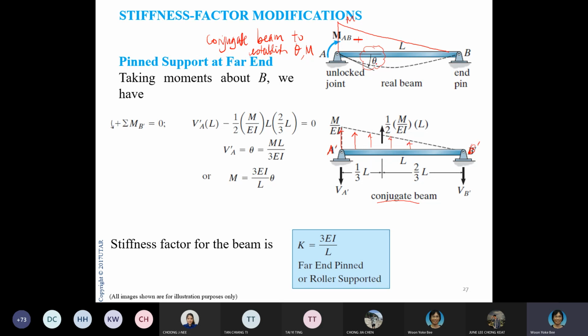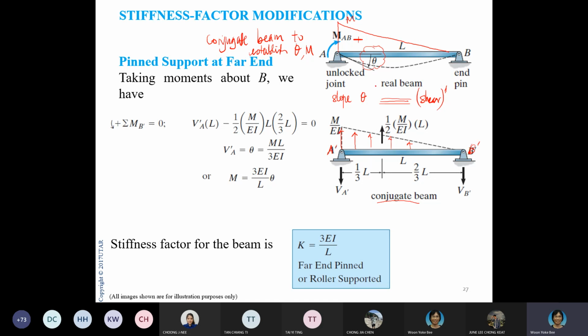Now we know that from the conjugate beam method, the theta in the real beam, the slope or rotation, is numerically equal to the shear in the conjugate beam.